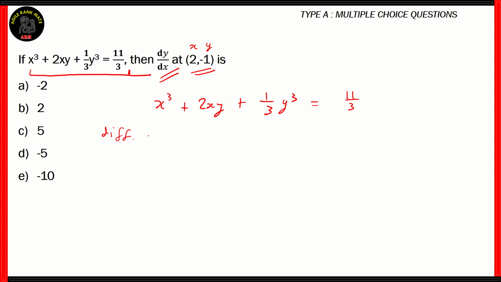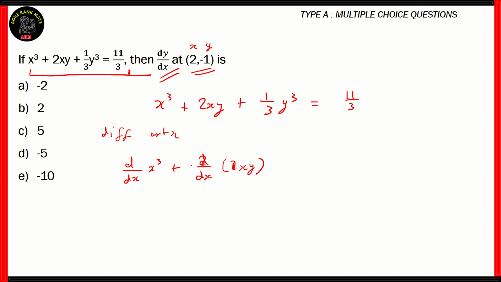We will need to differentiate this with respect to x. So on the left-hand side, you get d by dx of x cubed plus d by dx of 2xy.